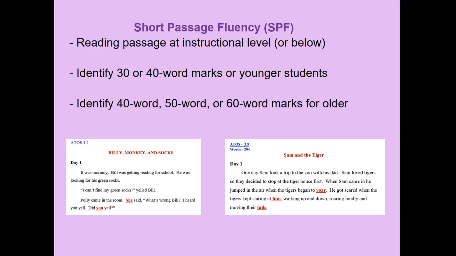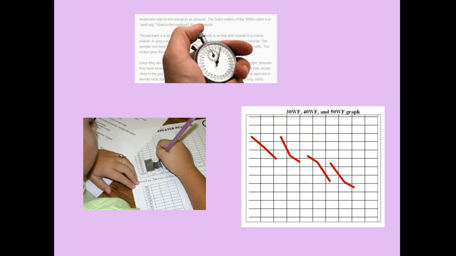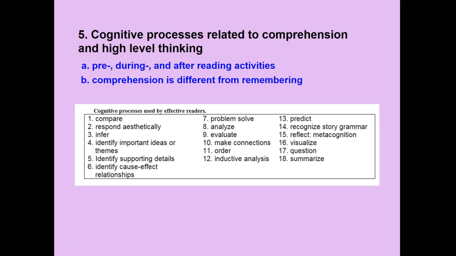Here I have students read a 30, 40, 50, or even 60 word passage for older students, and I time their 3 attempts, and they can see, here's an example, see their scores getting faster each time, and they record that on a graph. This is called short passage fluency. And again, this is one type of repeated reading activity.